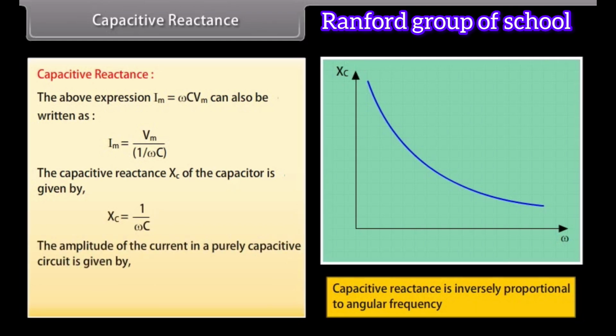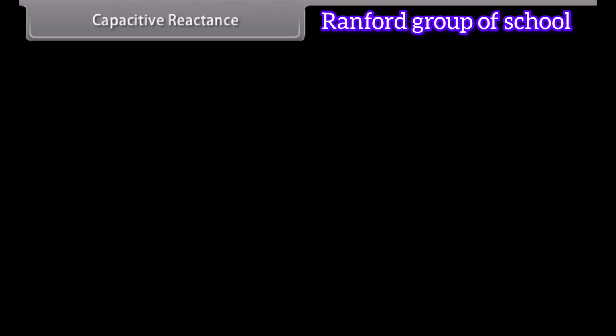The amplitude of the current in a purely capacitive circuit is given by Im = Vm/Xc, or Irms = Vrms/Xc.